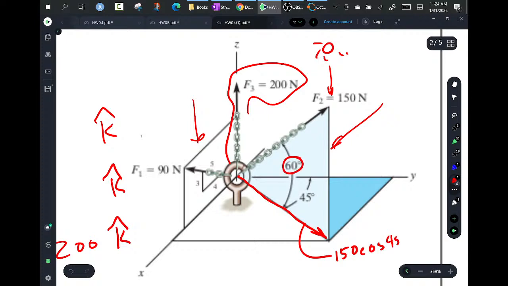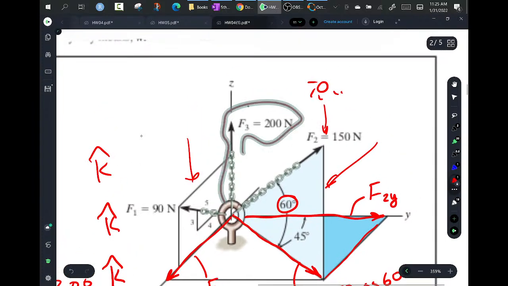It's 60, sorry. And then what you want to do is project that over here, so you'll have this component, this component. Now that'll give you the X, what is this called? F2. The F2 in the X direction. This will be the F2 in the Y direction.